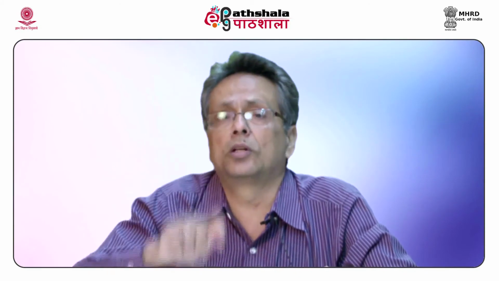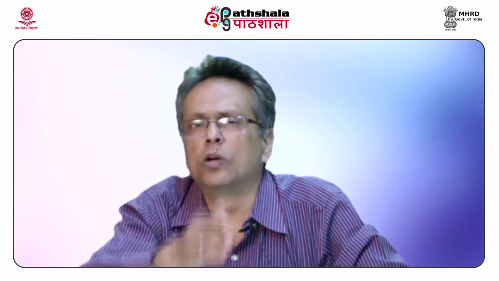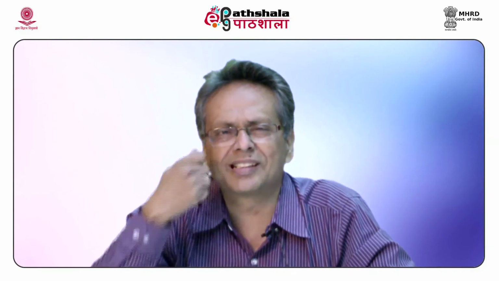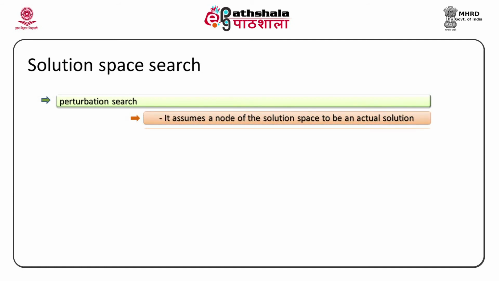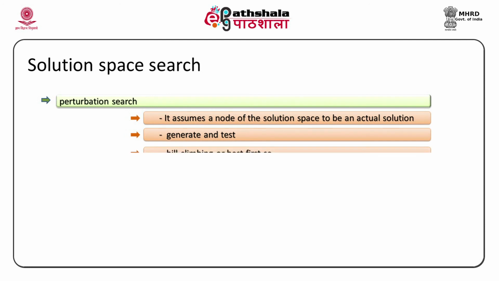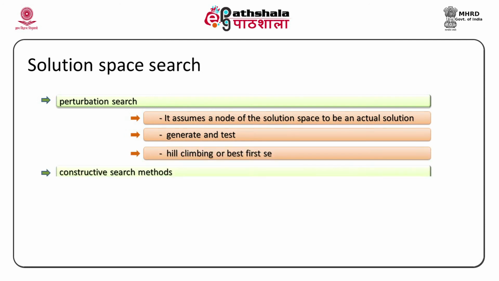In this state space every node represents a potential solution, a particular sequence which may be the right answer to this missionary cannibal problem. We just apply a kind of generate and test. We see if the sequence is a solution. If not, we pick up some other sequence. If not, we pick up the third sequence, and so on. That is called perturbation search, unlike the constructive search that we have seen so far.